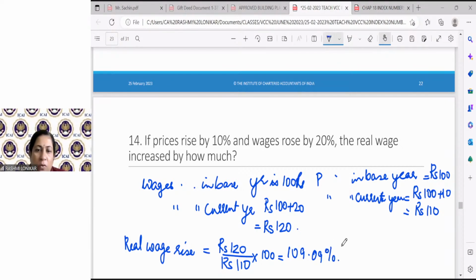Okay. So increase will be how much? Increase will be 9.09%.